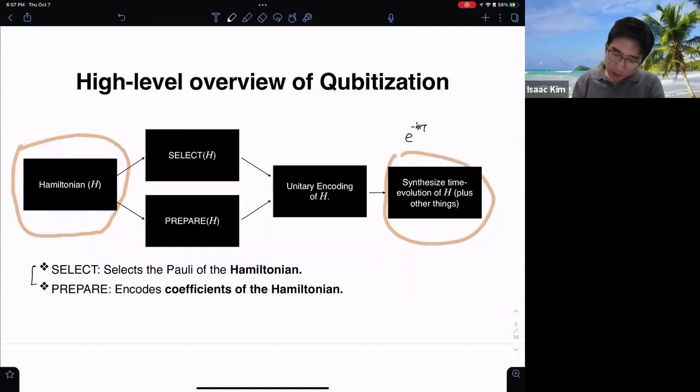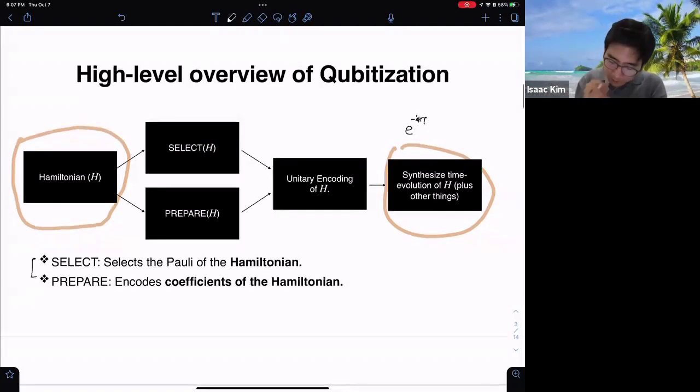Notice that here I wrote select of H and prepare of H, unlike in the previous lecture where it simply said select and prepare. I wanted to emphasize the H because the select and prepare that we use in this lecture will be different. It is similar, but different from the ones we used in the last lecture.